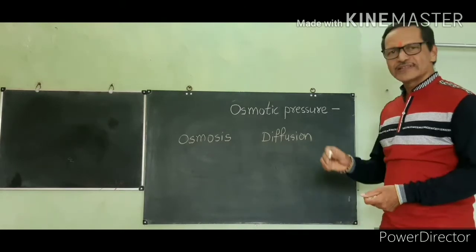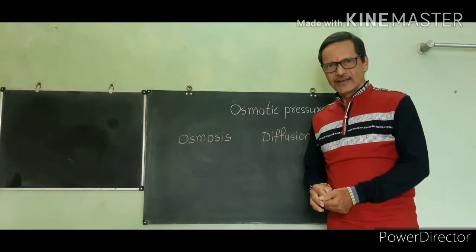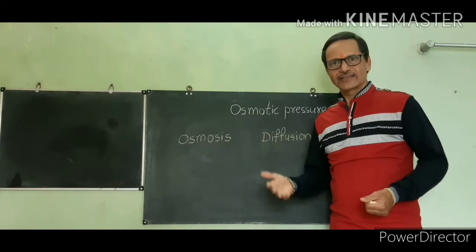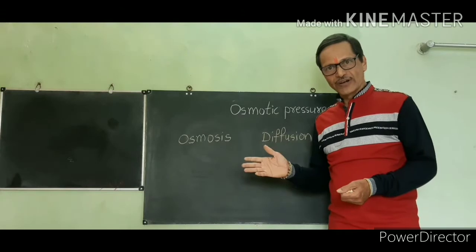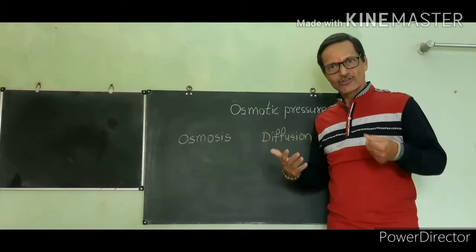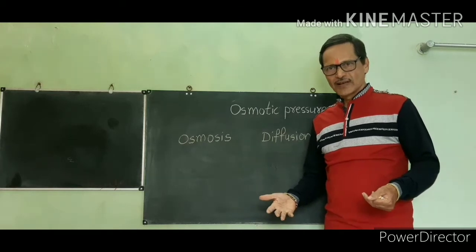So first we will see what is osmosis. We know very well what is osmosis. We see osmosis in our surroundings, in nature, and in our body also osmosis takes place.